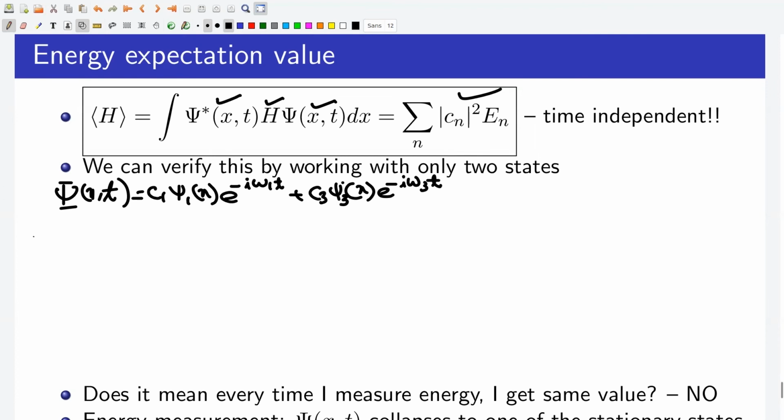Now we can write the energy expectation value as follows.